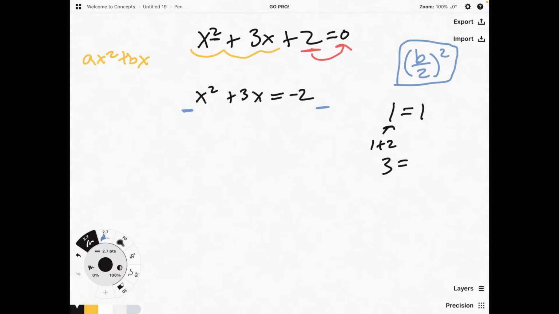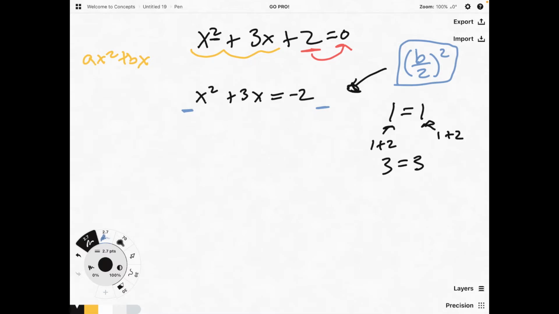Now the only way this is going to be equal to 3 is if we also add 2 to the right side as well. And that's exactly what we're doing with this problem here. We're adding this value on both the left and the right side.